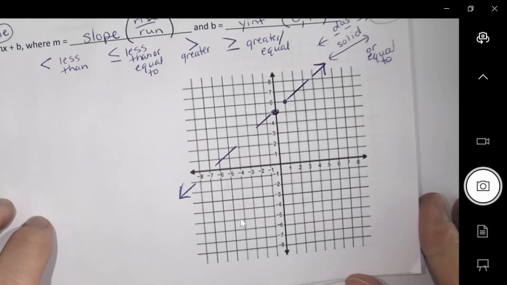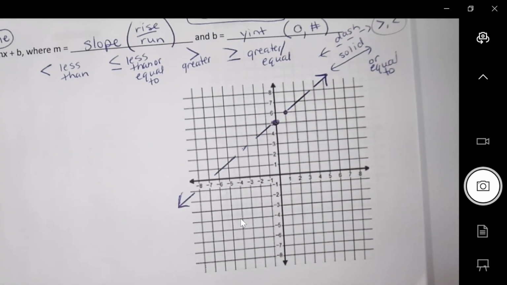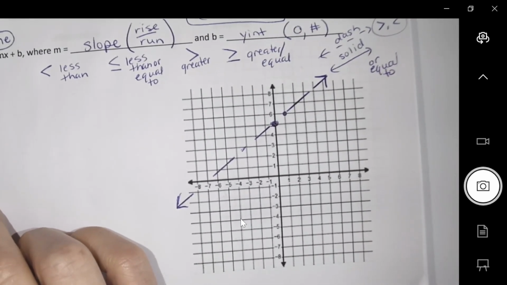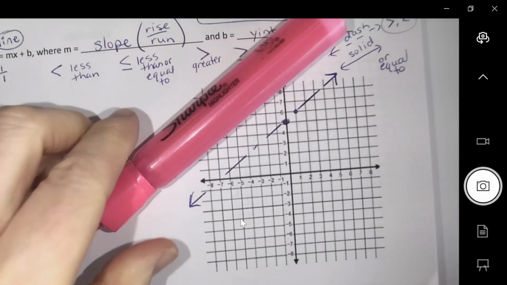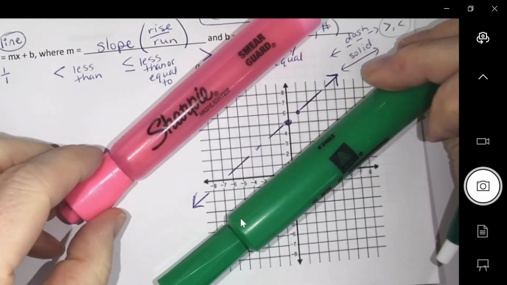So that's what it's going to look like. Dashed. Okay, now the symbol says less than. So you have two options to be less than. You want to be on either this side of the line or this side of the line.